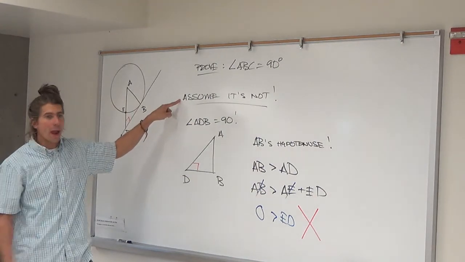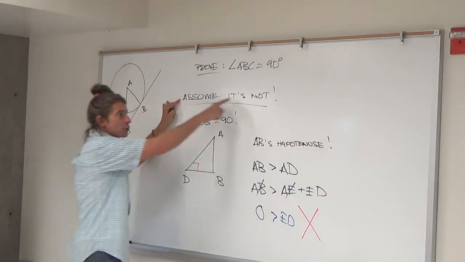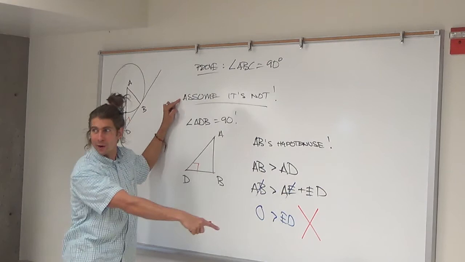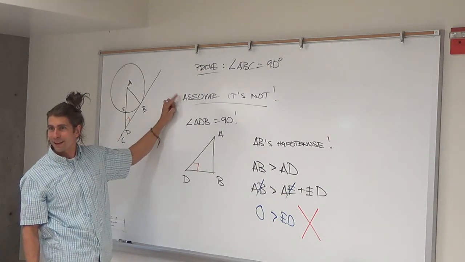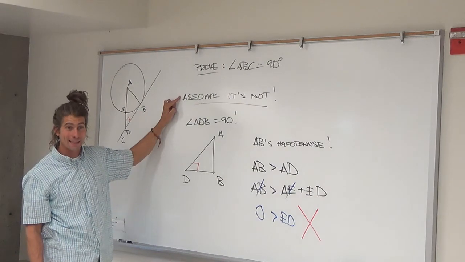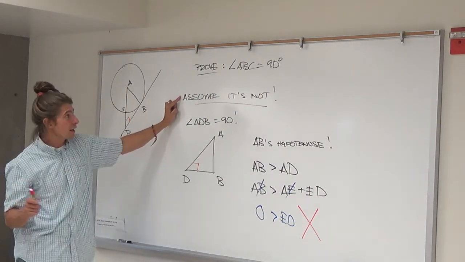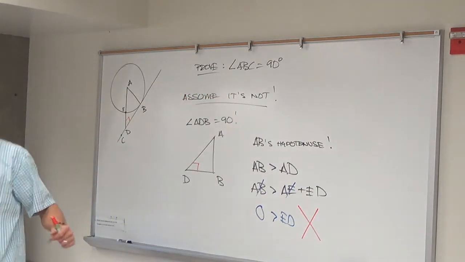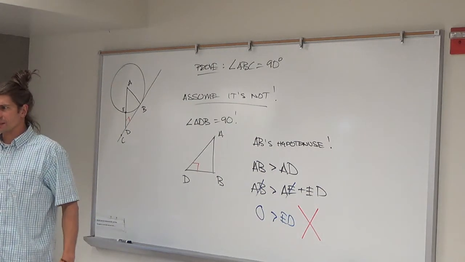Every one of these statements is 100% correct if this is true. But these can't be correct. Therefore, what does that tell us about this? That it's incorrect. So, in other words, we just proved that angle ABC can't not be 90 degrees. That sounds kind of weird, doesn't it?